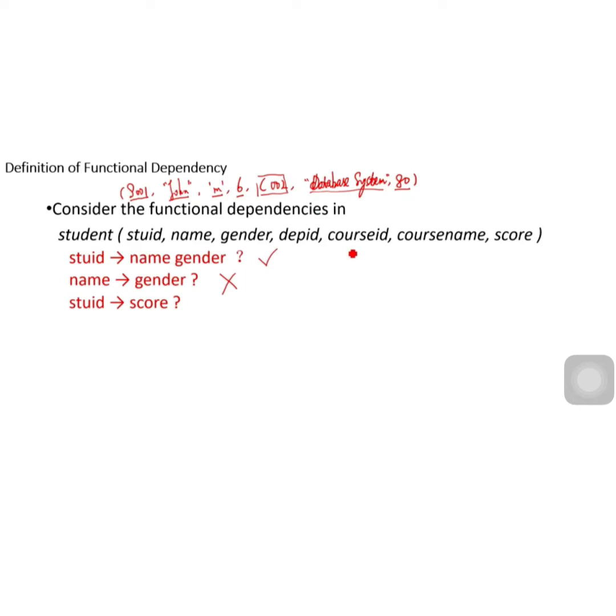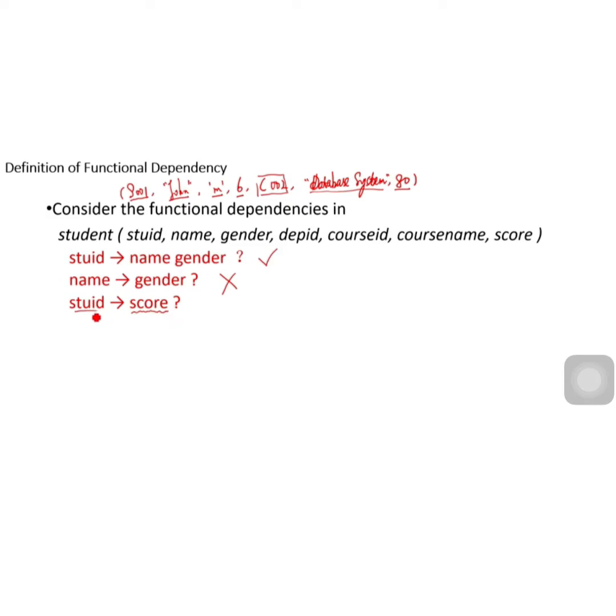He can learn 3, 4, even some hundreds of courses. In each course he will get a score. So for a student, there may be more than one score.